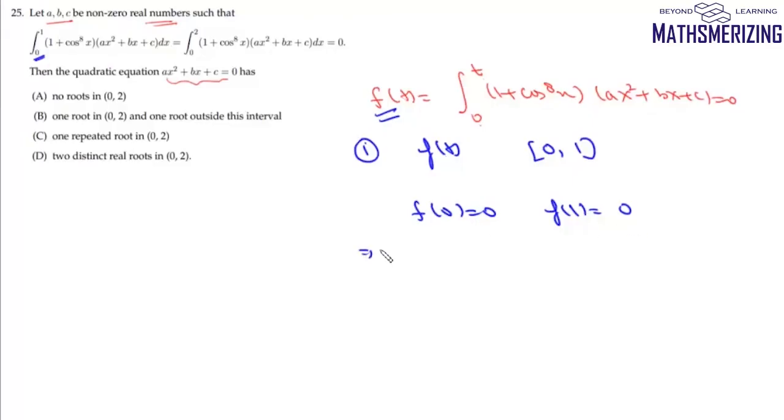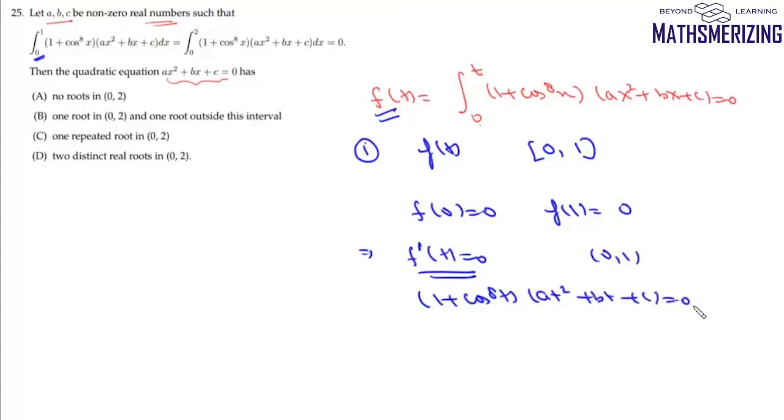Then Rolle's theorem says at least one root of the equation f'(t) = 0 will lie in the interval 0 to 1. So that means at least one root of (1 + cos^8 t)(at² + bt + c) = 0 will lie in 0 to 1.